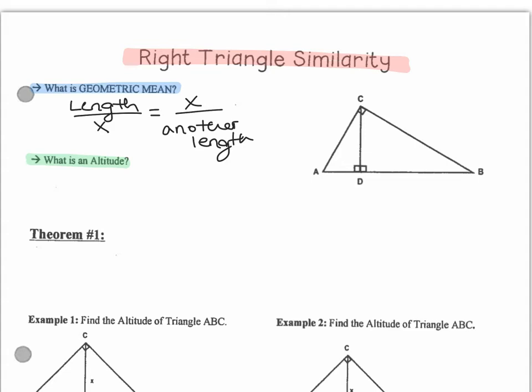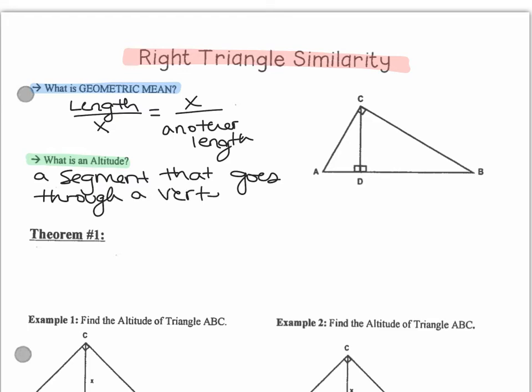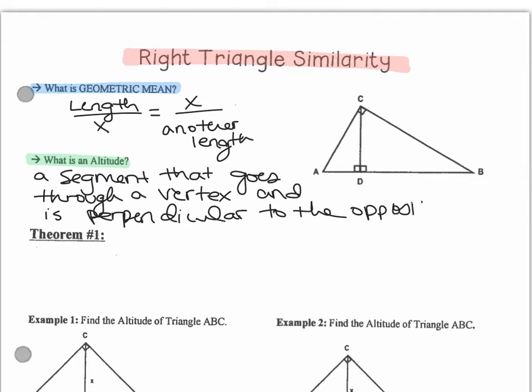So let's actually write it down first. An altitude is a segment that goes through a vertex and is perpendicular to the opposite side.